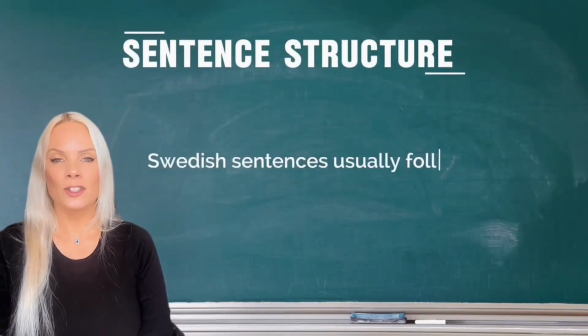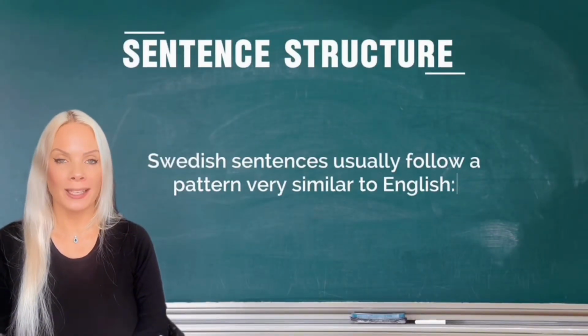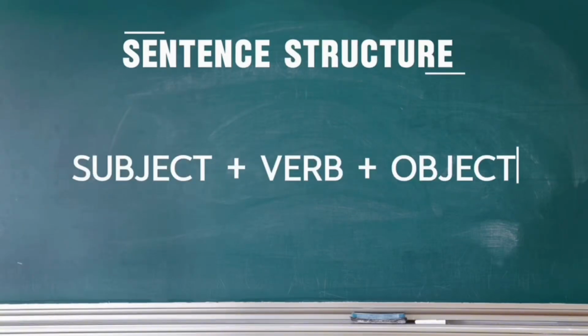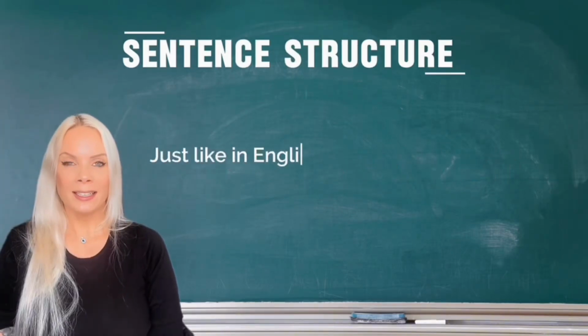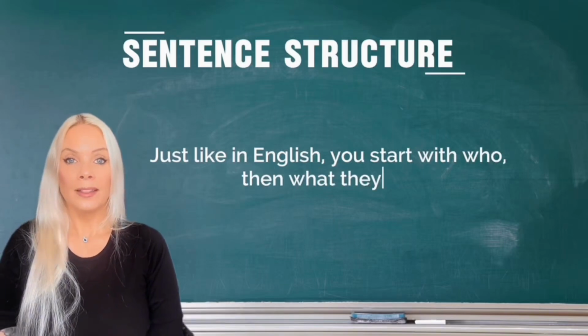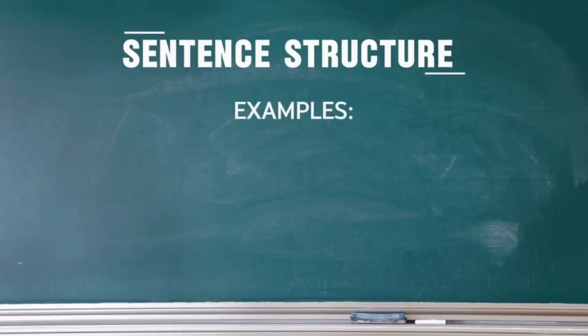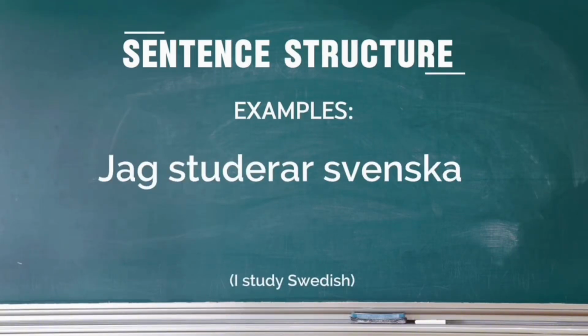Swedish sentences usually follow a pattern that's similar to English. Subject, verb, and object. Just like in English, you start with who, then what they do, and then what it's about. Examples: jag studerar svenska. Subject, jag. Verb, studerar. Object, svenska.